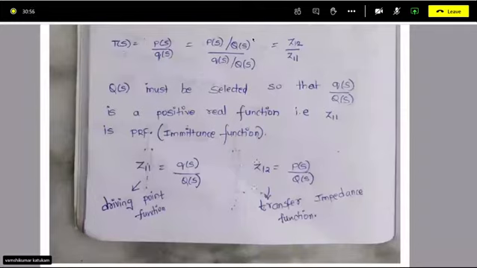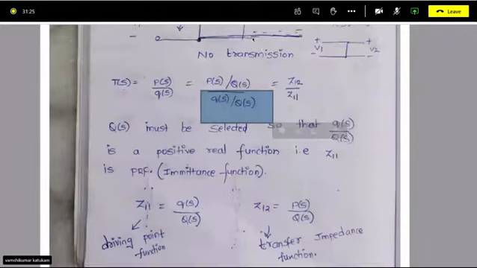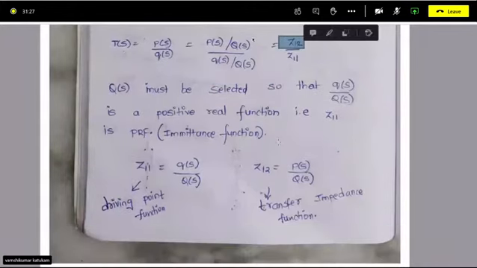So you should select Q of S in such a way that Q of S upon capital Q of S must be a positive real function, that is an impedance function. There are other criteria for Q of S selection, which we will see; this is the general criteria. In that case, Z11 becomes this thing, and Z12 will become this thing.